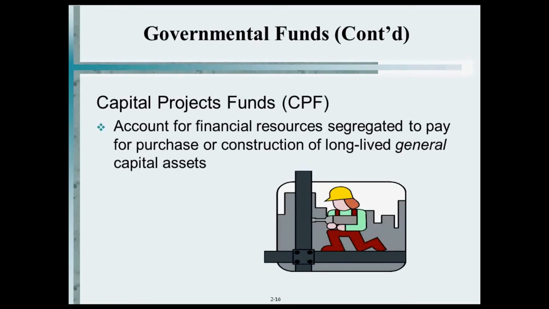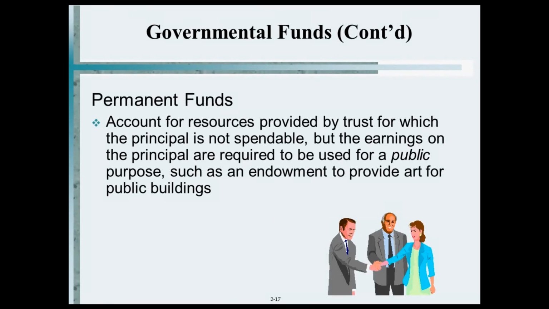When the asset is done, the capital project account is closed. Done. Over with. Most people think, oh, this is where they probably carry the building. No. Because this is a governmental fund. Okay? So again, we'll spend a whole lecture on this.